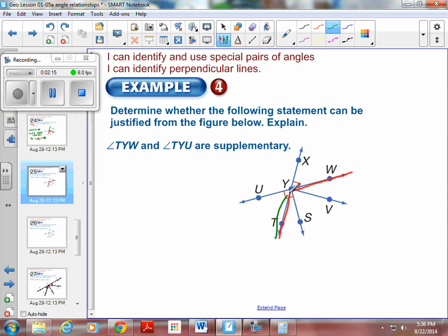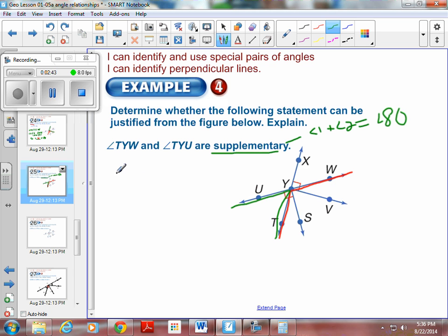T to Y to U are supplementary. Now, supplementary, what's the definition of supplementary? That's angle 1 plus angle 2 is equal to 180. The sum is 180 degrees, and we know that they are a linear pair. And we know a linear pair means they form a line. And we know lines are 180 degrees.